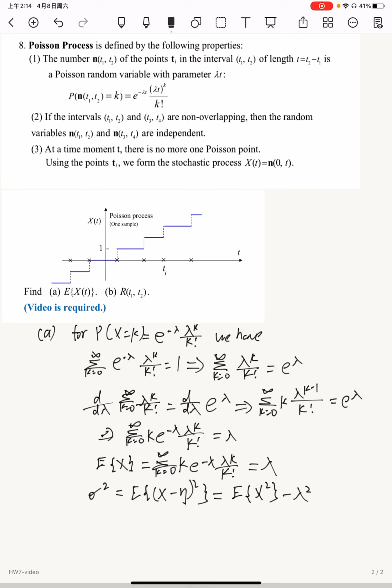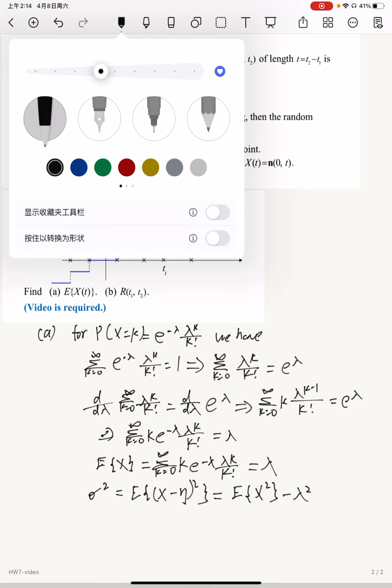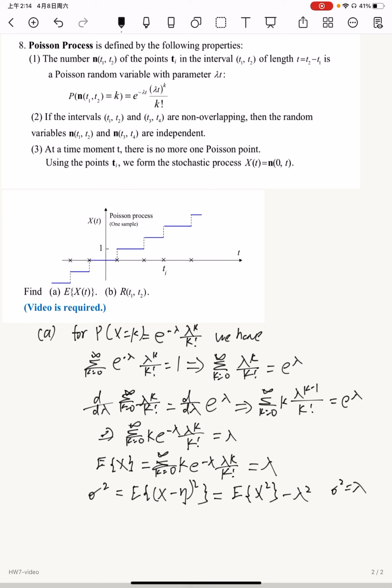And then we can get sigma squared, which equals lambda.